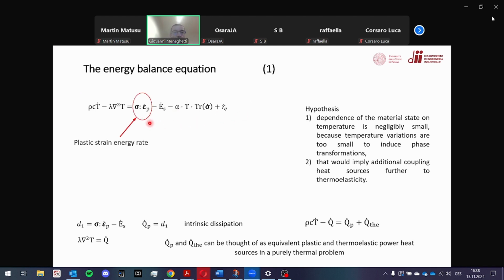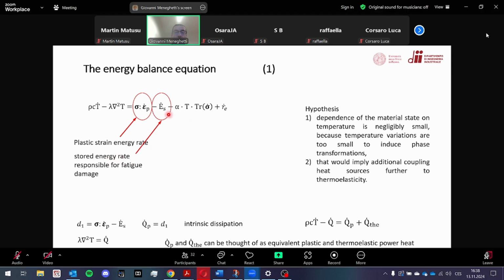We can see on the left-hand side the time derivative of the temperature, the heat conduction term, and on the right-hand side we see the plastic strain energy rate. We see the stored energy rate.